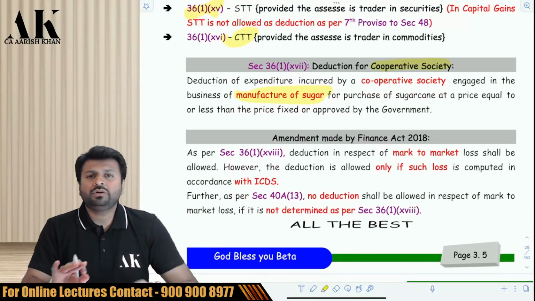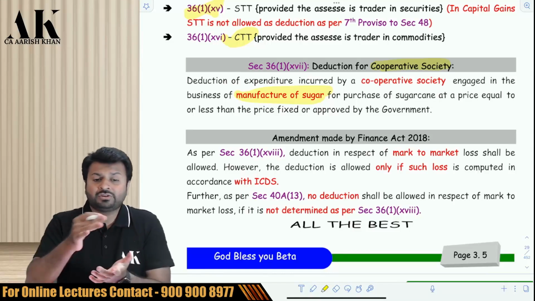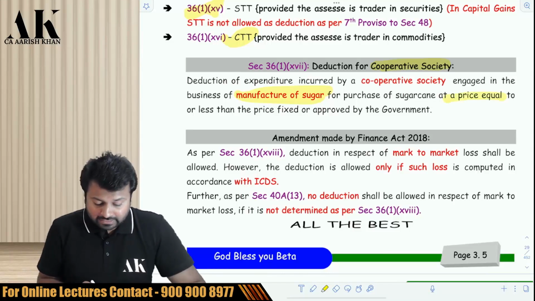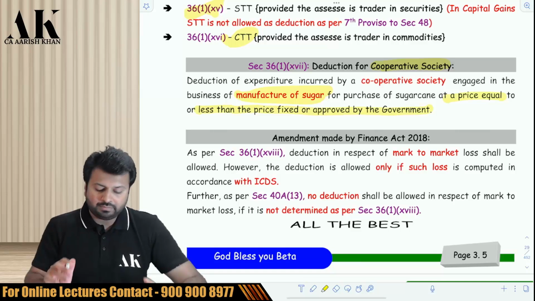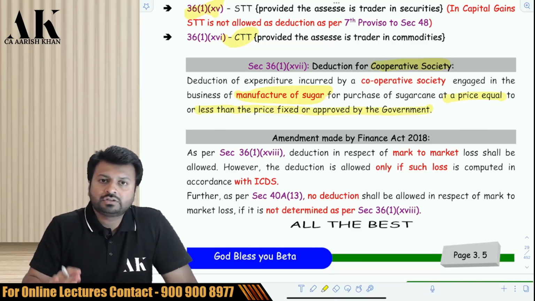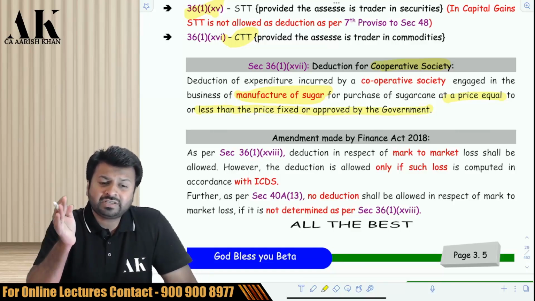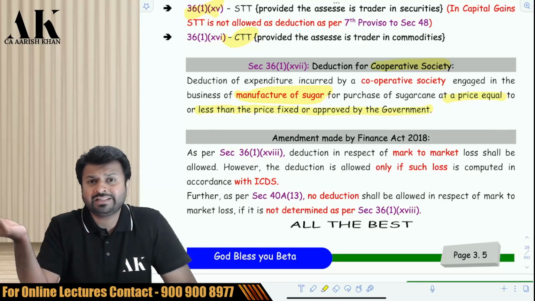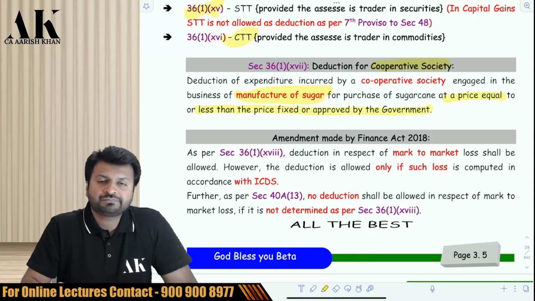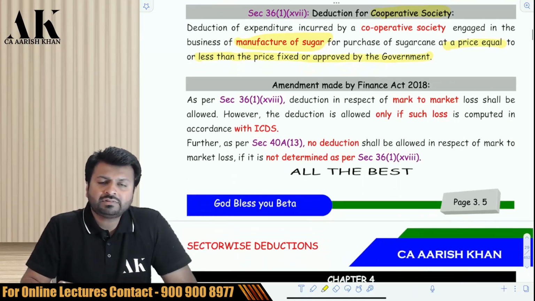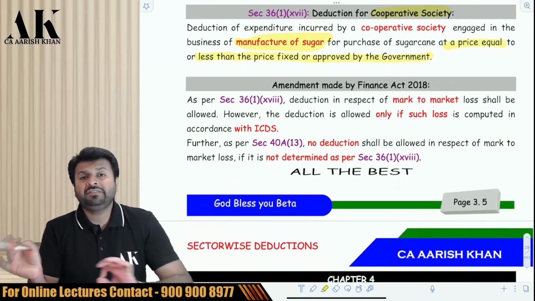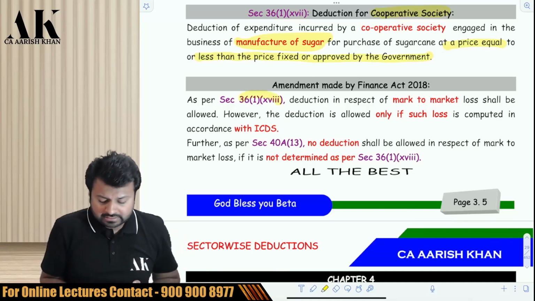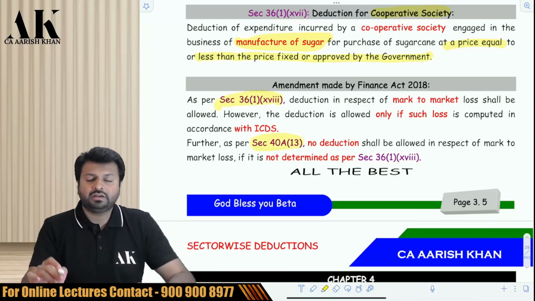Cooperative societies engaged in the manufacturing of sugar, if they buy sugar cane at a price equal to or less than the price fixed or approved by the government, then only it is allowed as deduction. So they have to buy the sugar cane at a price fixed by the government or at a price lesser than that. If they purchase at a price higher than that, then it shall not be allowed as deduction. Okay.